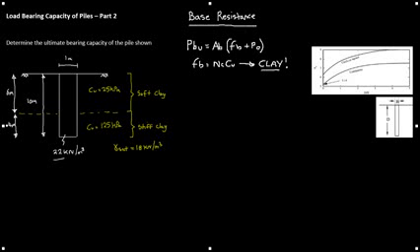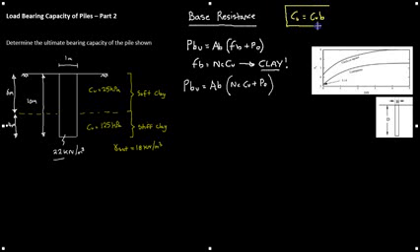So if we just substitute that into the equation above, we have PBU equaling AB bracket NC times CU plus P0. Now, it is conventional to take CU as CUB, where CUB is the undrained shear strength of the soil at the pile base, and to assume the undrained internal friction angle is 0.